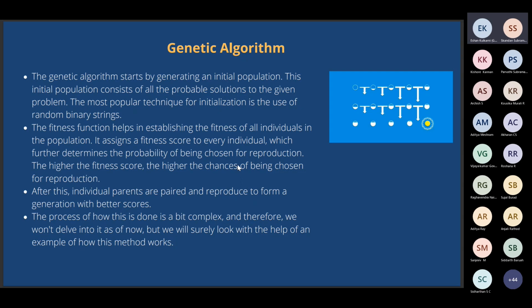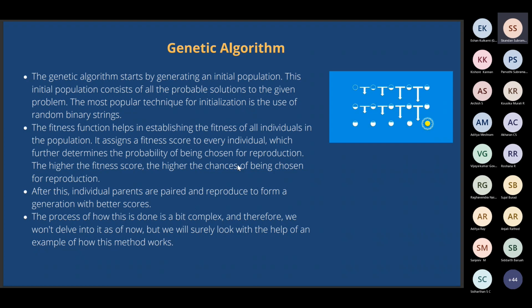Every batch that gets reproduced is called a generation. These generations have scores and properties that are better than the previous generation. With every generation coming, we have better and better scores for every individual, and at the end, we attain an individual that has the best score, that is full score. That individual with full score is the solution of our problem.